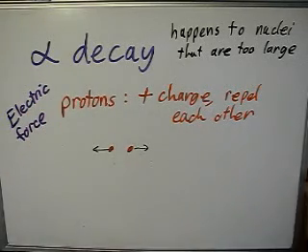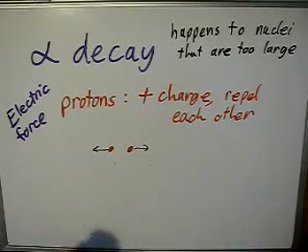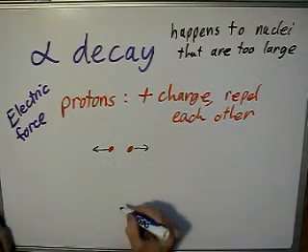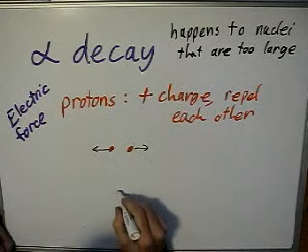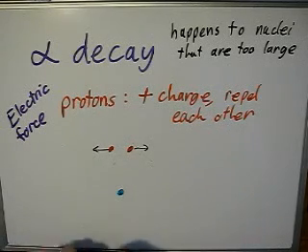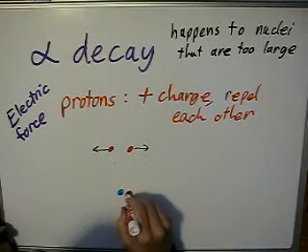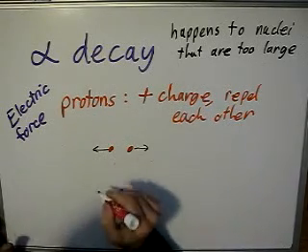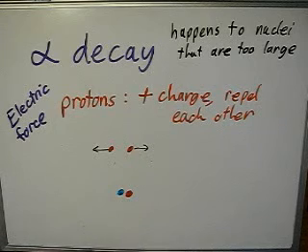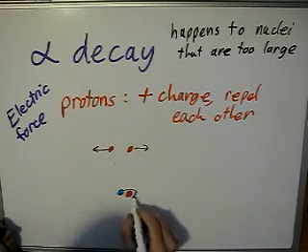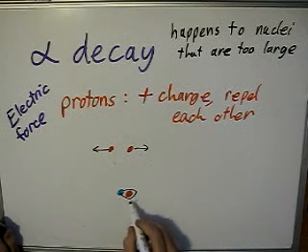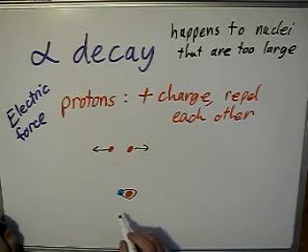There's another force which acts kind of like a hook between a proton and a neutron. Actually it acts between two different protons or two different neutrons. You can think about this thing as kind of like a hook that hooks onto the nearby particle.